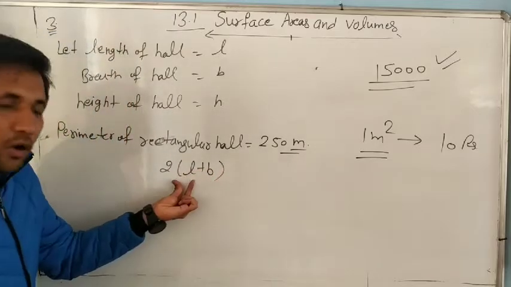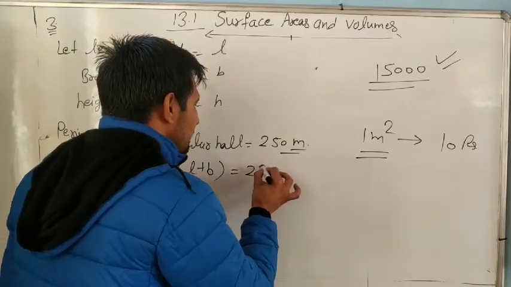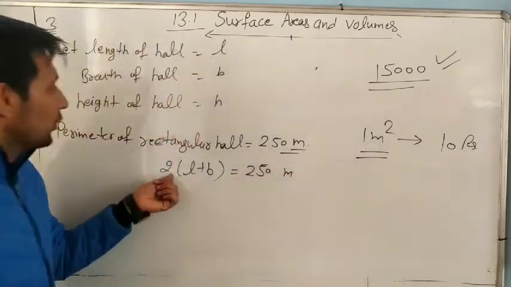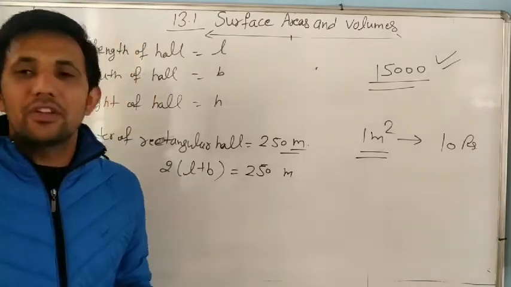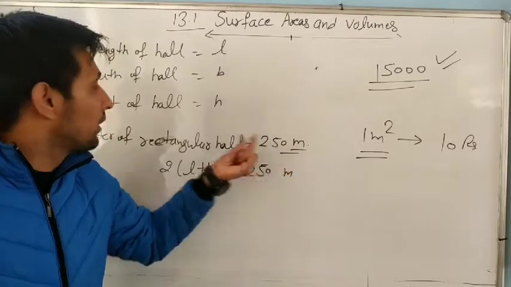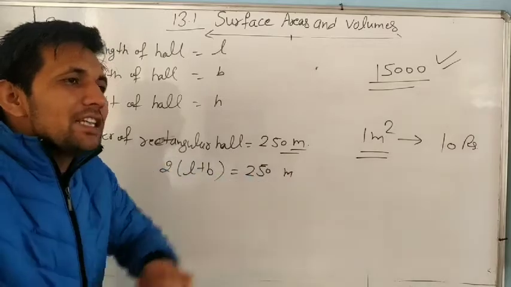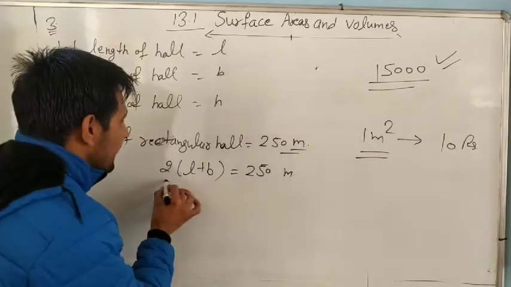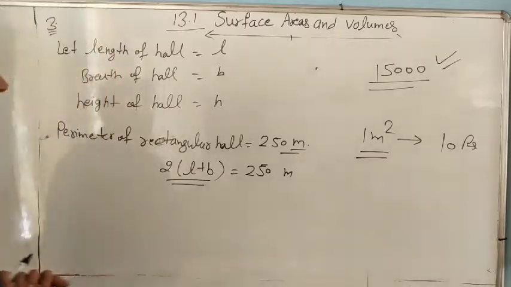It is the perimeter of the hall, so 2 into (L plus B) equals 250 meter. The floor of the hall is always a rectangle, so the perimeter is 2 into (L plus B).